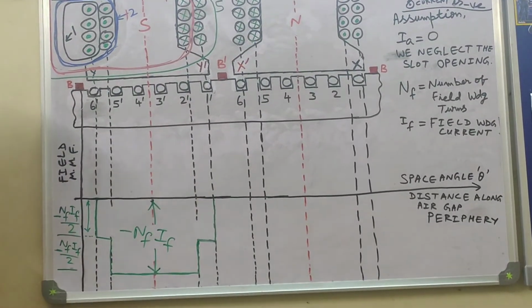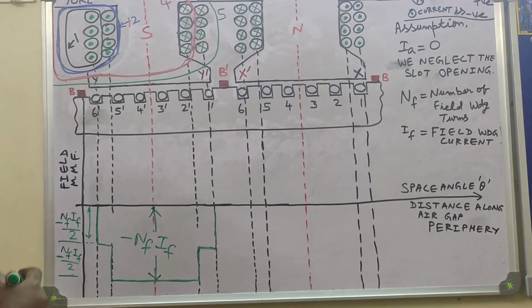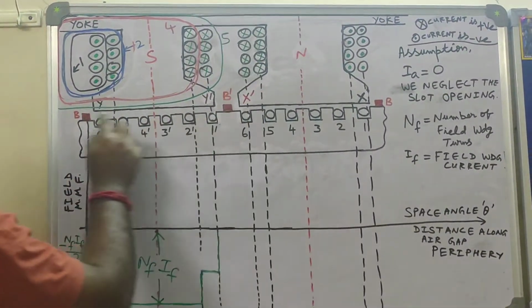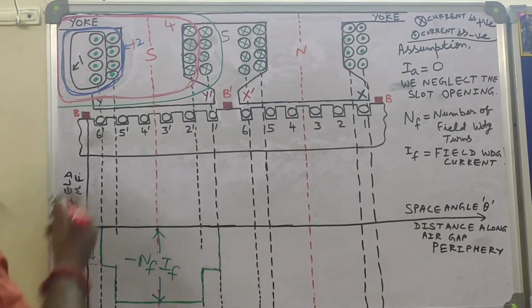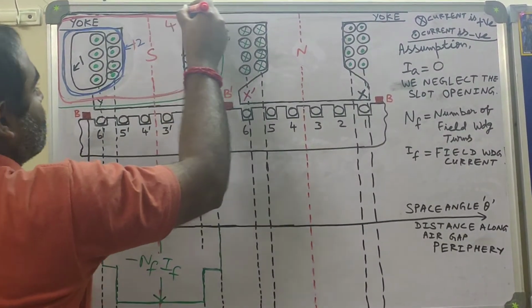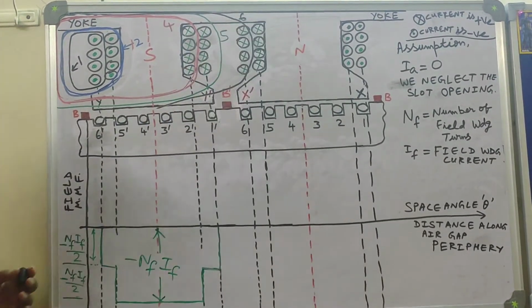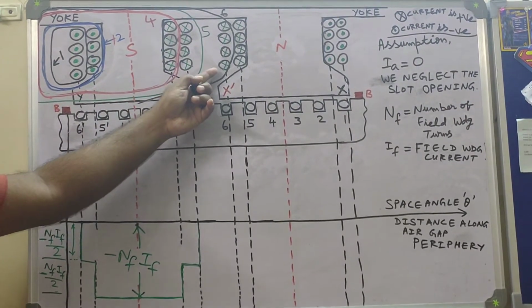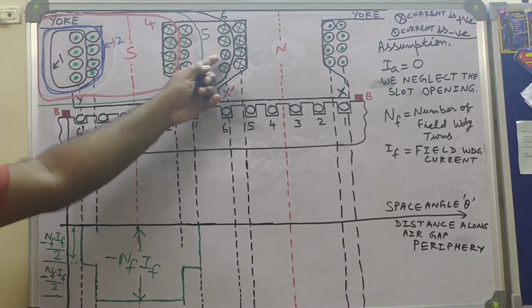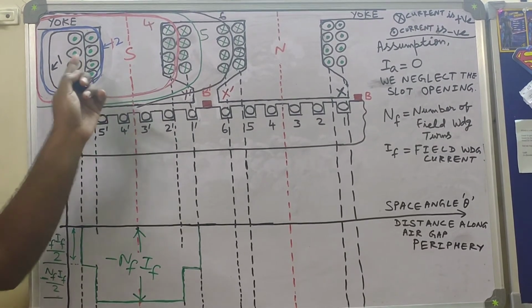Okay. Now what about the north pole? You again use the same logic, na? You take another path, path number 6. So if you take path number 6 like this, let me show. Let's say you are taking path number 6 like this. This is path number 6. So what do you see? NF is cross. This is NF by 2. So 3 by 2 NF is cross and dot is NF. So what is the net?